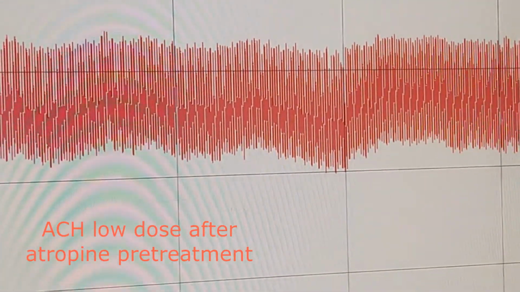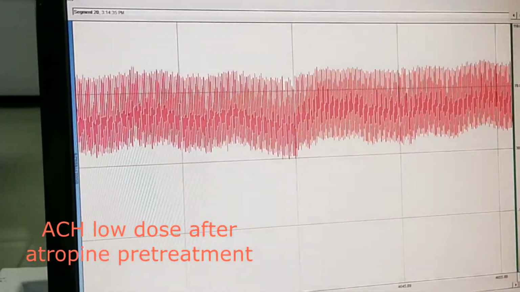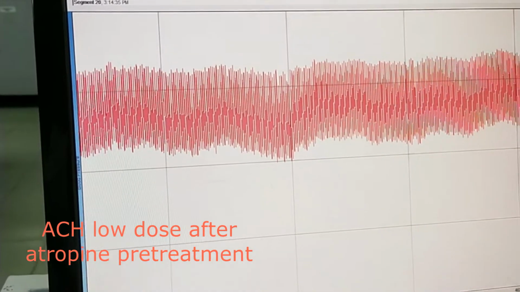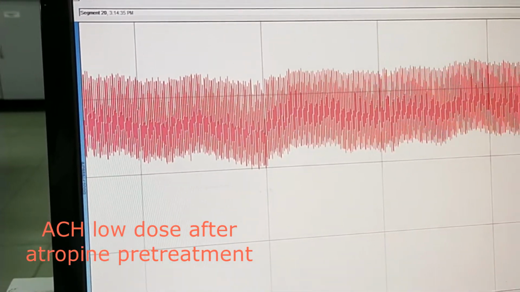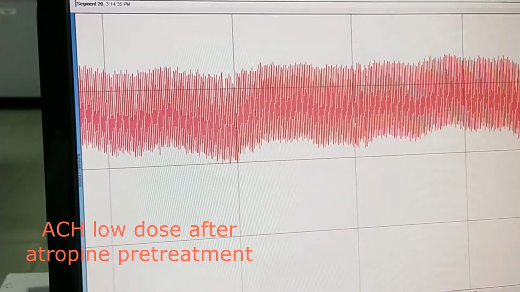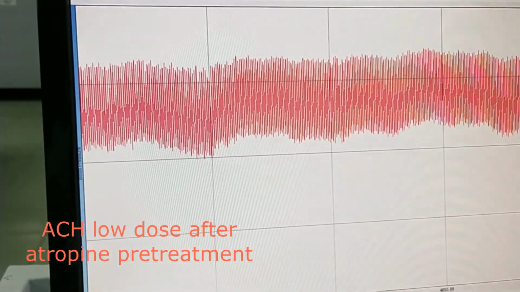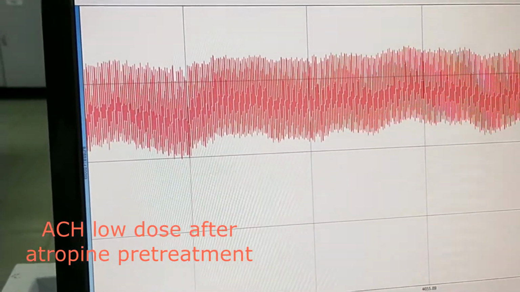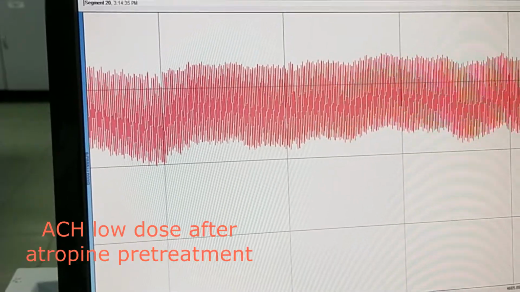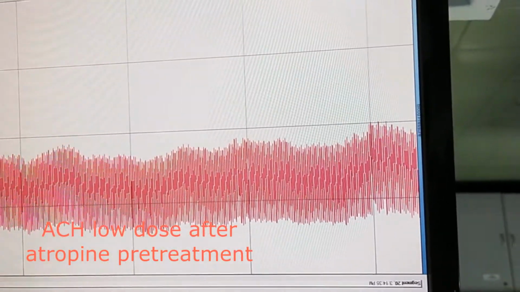We can see that the blood pressure of the rats after the pre-treatment of ACH has nothing changed, because we already injected the atropine before.